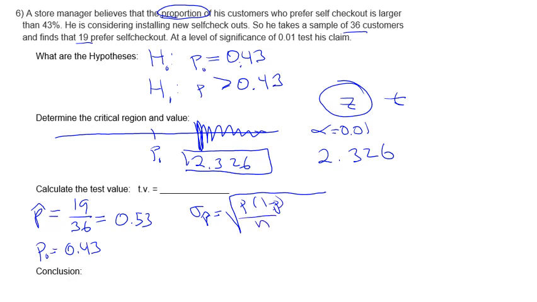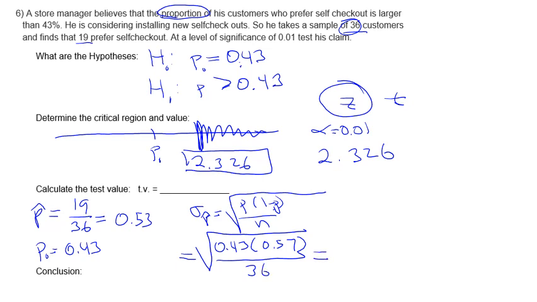But we're assuming p naught is correct, so we're going to be working with the square root of 0.43 times 0.57 divided by n, which is 36. And if we do our math, we get 0.083.